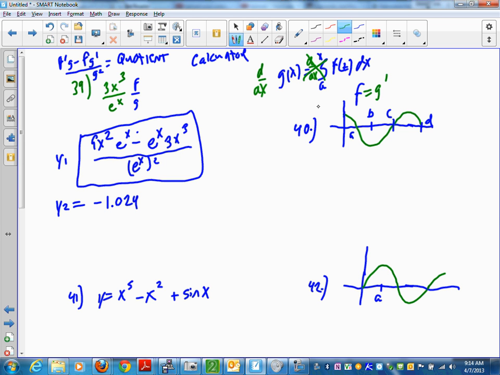So if they want to know when does g of x have a relative minimum. So the slope of the derivative here is positive. Tangent lines are negative over here. It's flat right there. That's changing from positive to negative.